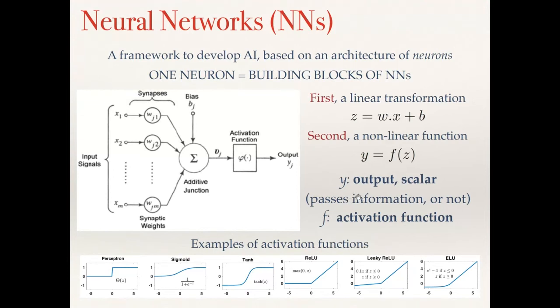Okay, in the case of neural network, this output is given by an activation function. As in binary classification, this activation function could be a perceptron, a sigmoid, but now we can also have things that don't go necessarily from 0 to 1.